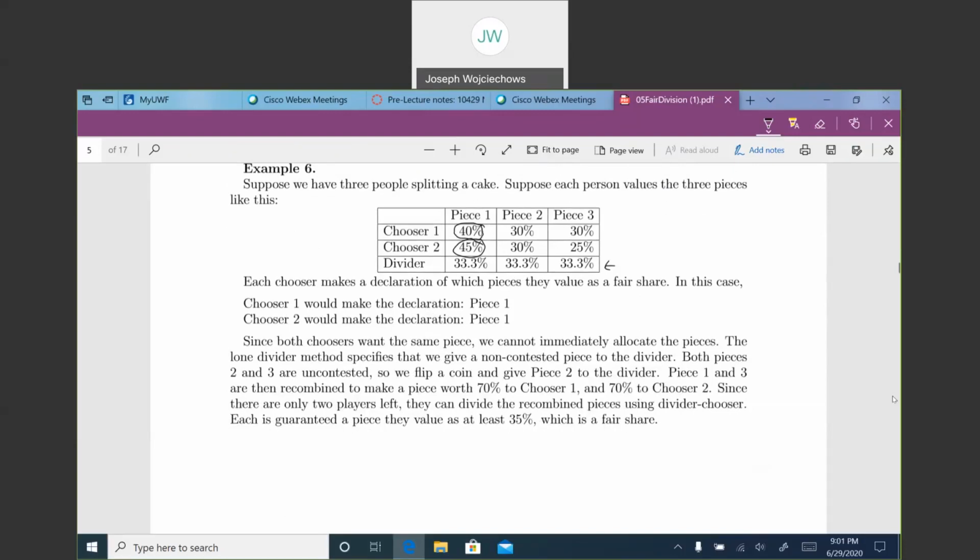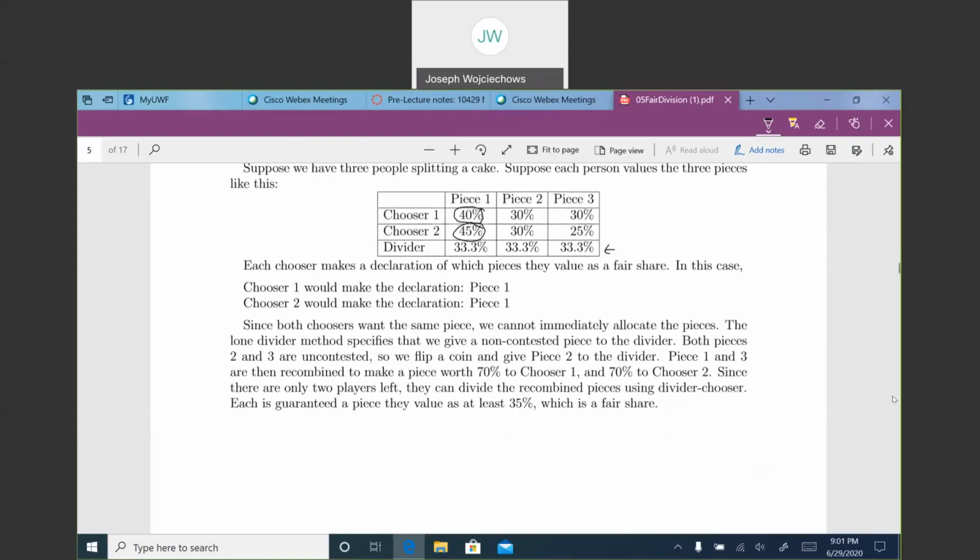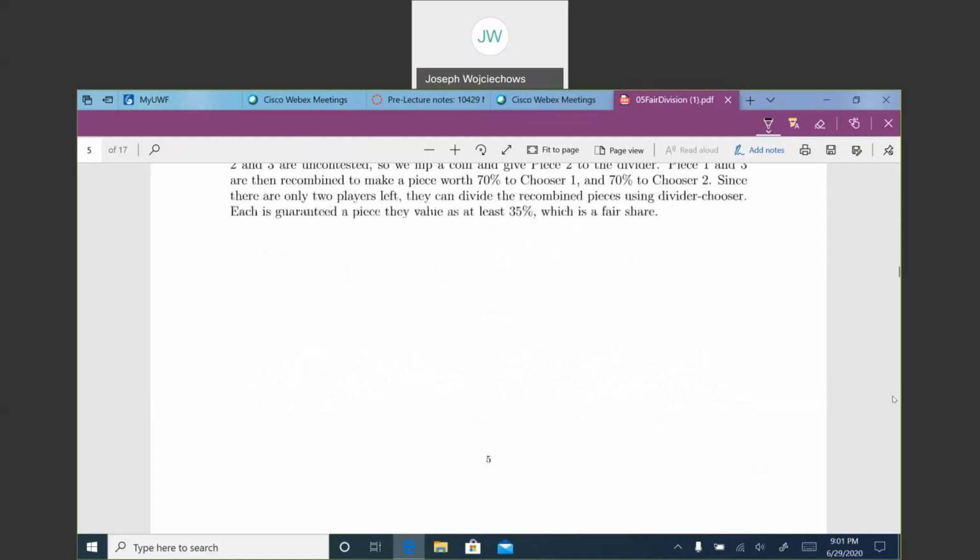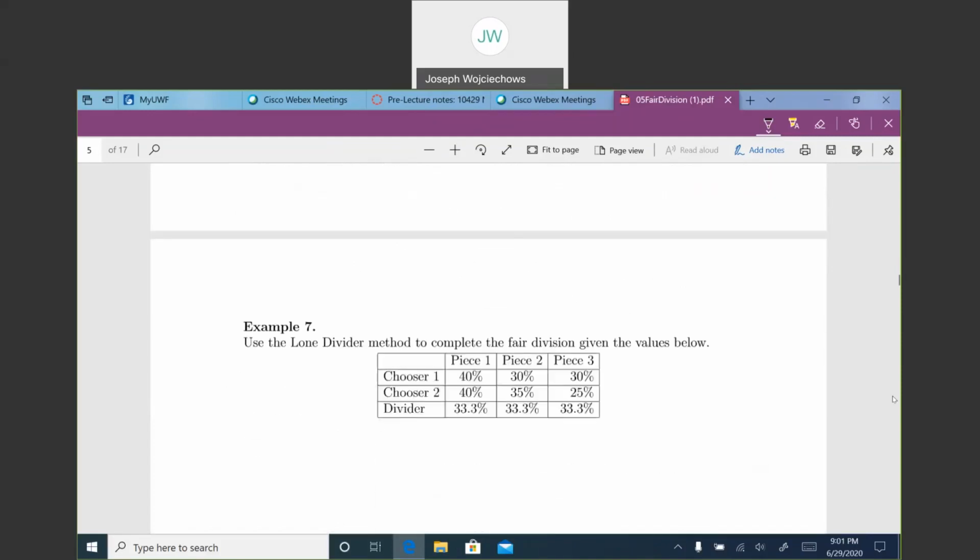Well, since they both want the same piece, we cannot immediately allocate that piece. The lone divider method specifies we give a non-contested piece to the divider, which are both 2 and 3. So flip a coin, give them piece 2, put piece 1 and 3 back together, and then choose with the divider method. That way each gets what they feel is fair.